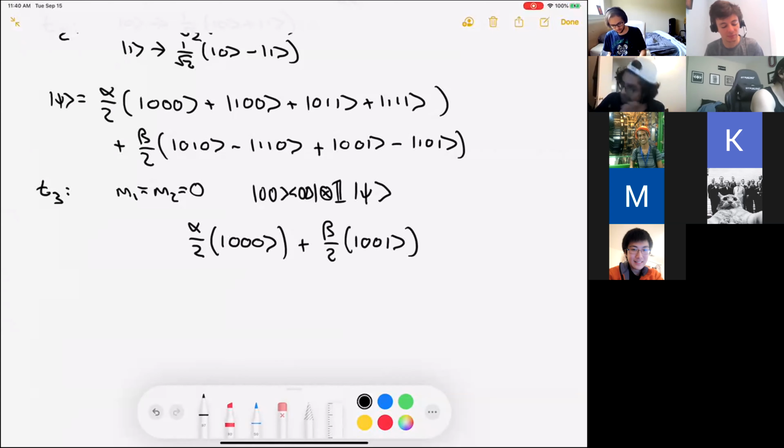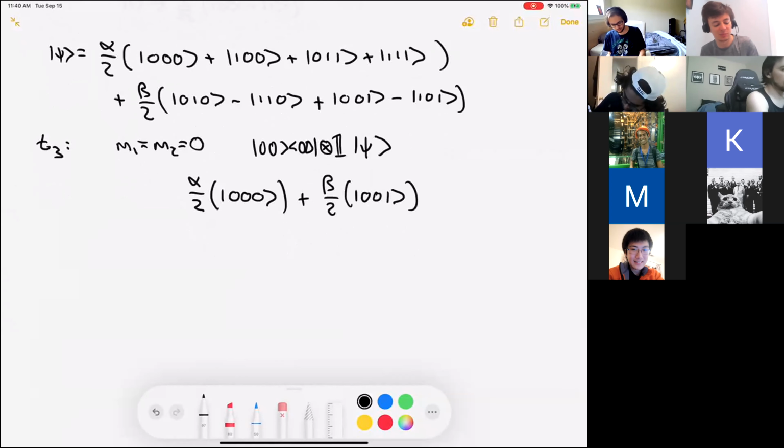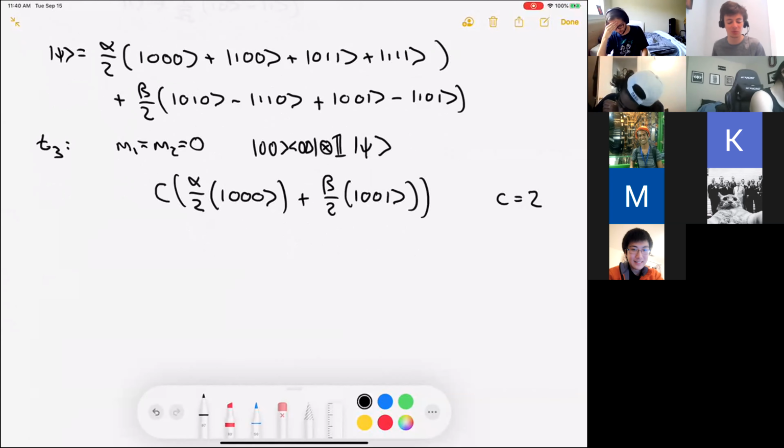Oh, wait. And then we need to multiply this by a constant so that it's normalized. That constant is just equal to 2, right? Because alpha squared plus beta squared is equal to 1. So this state is just equal to 0, 0, tensor alpha 0 plus beta 1.